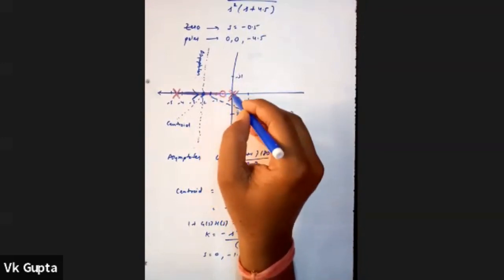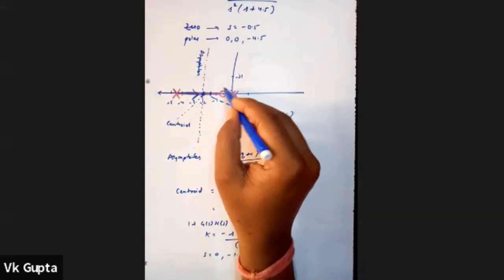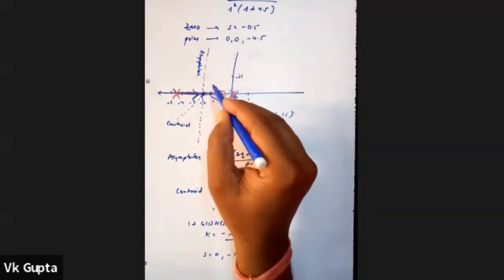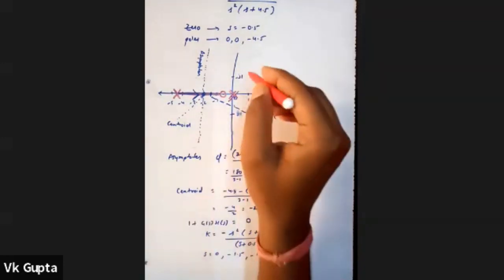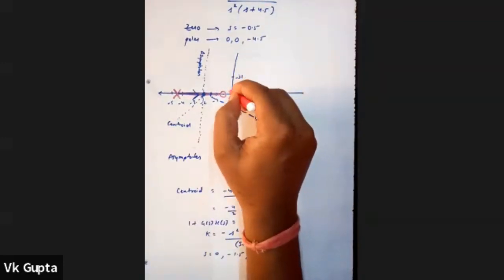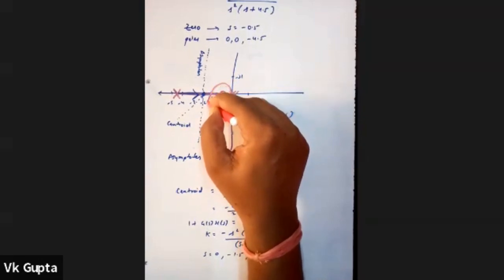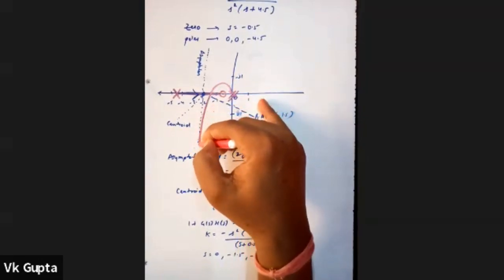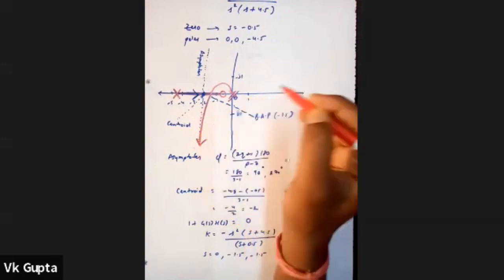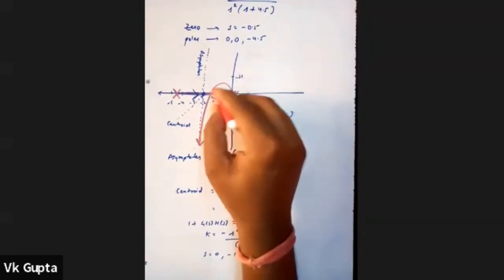So what will happen? The 2 branches will start at 0 and go to the breakaway point. See carefully, one branch will go to the breakaway point and then proceed to infinity. This is the breakaway point.